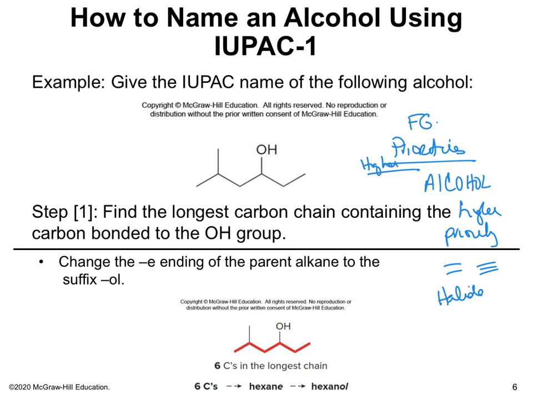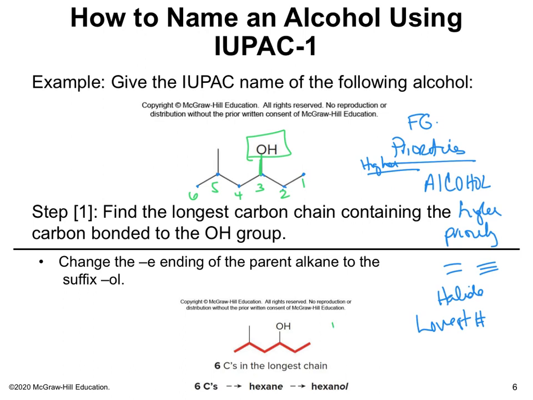So it needs to have the lowest number. So you still find the longest chain, 1, 2, 3, 4, 5, 6. But now you're going to count from here, 1, 2, 3, 4, 5, 6, because you want to give the OH the lower numbering.